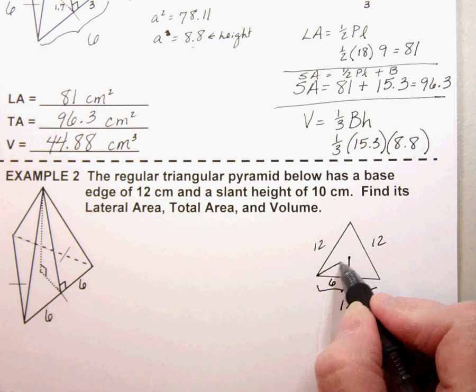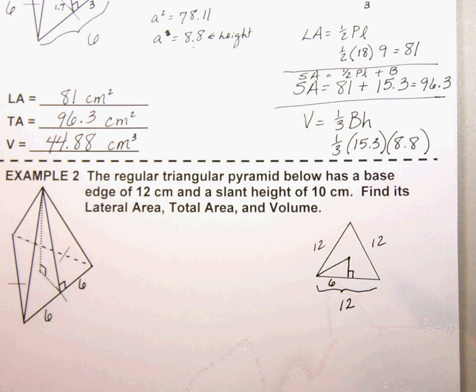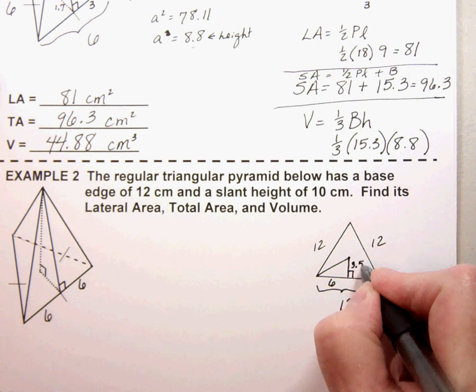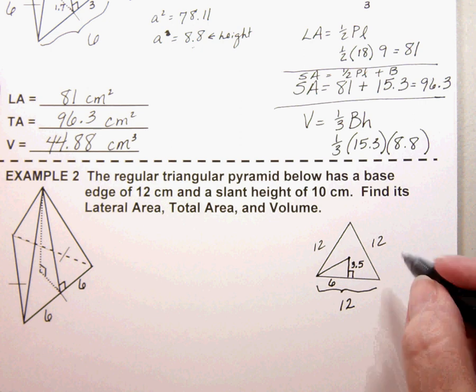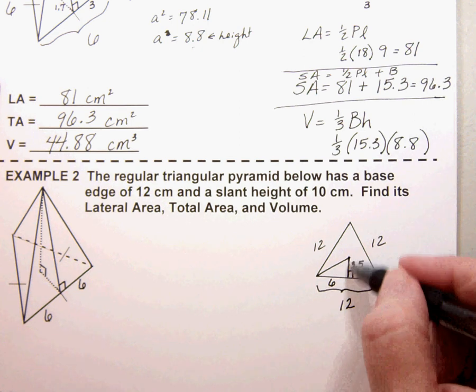Since it's the long leg of a 30, 60, 90, to get the short leg you divide by the square root of 3. So 6 divided by the square root of 3 is about 3.5. It's actually 3.46, but we'll round it to 3.5. So that is the apothem.